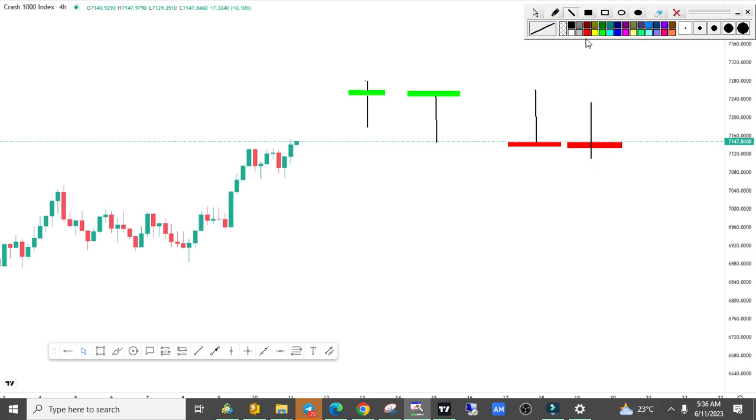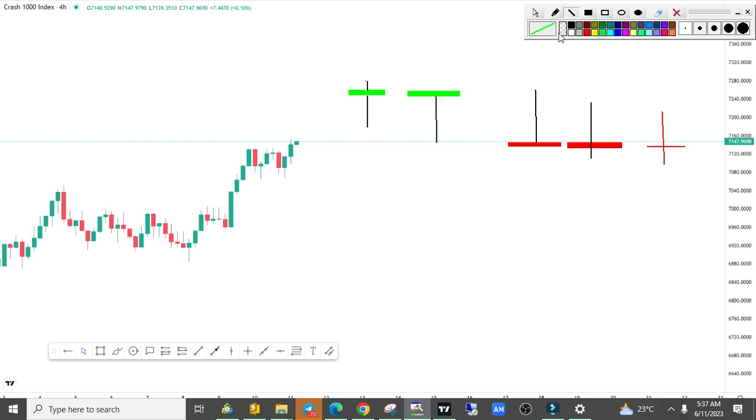So doji is this. Like the opening and the closing is almost in the same place. So this is a doji. You can still have it as bullish.